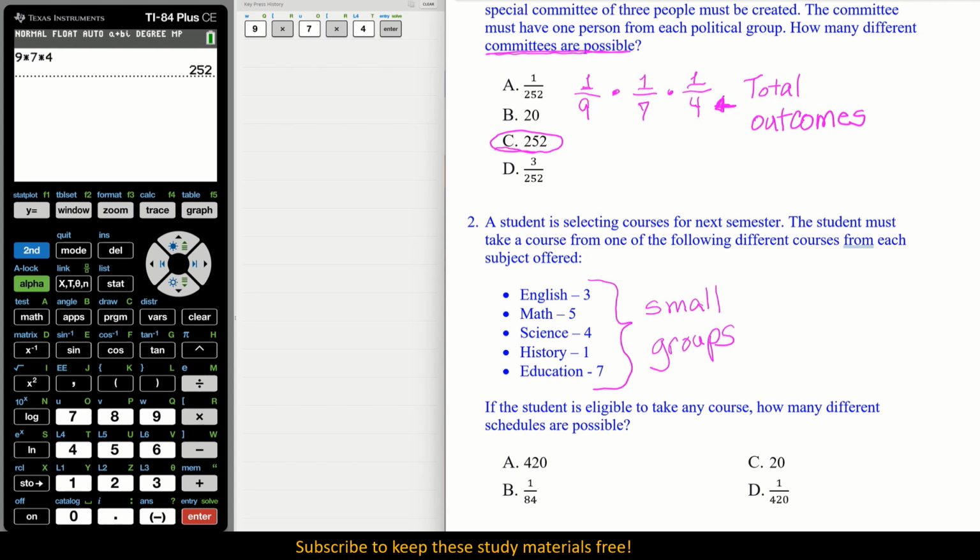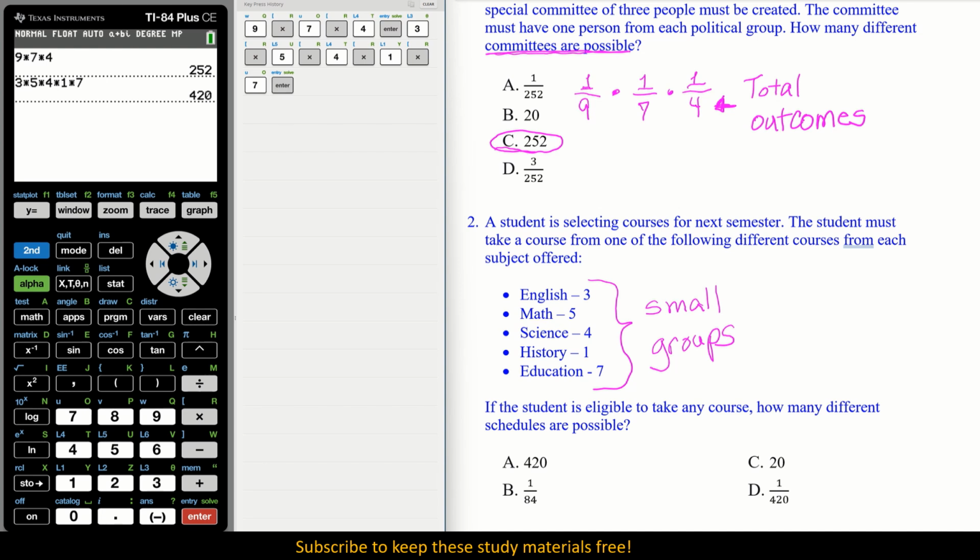So we'll multiply all of these totals for each group together. So 3 times 5 times 4, and just for visual sake, times 1, and then times 7. Enter, 420, which is correct.